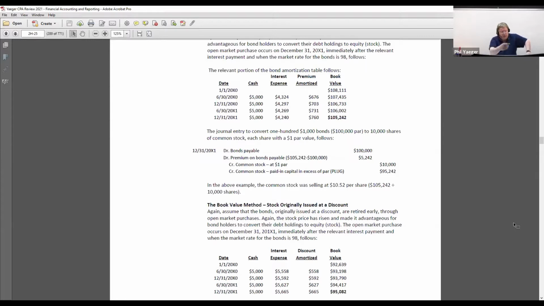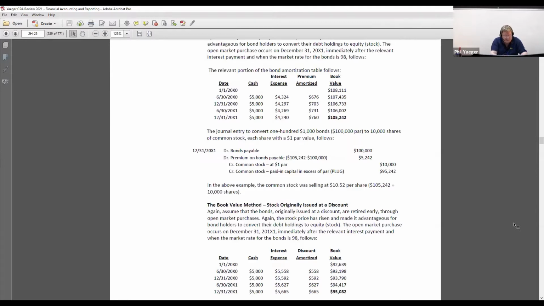Now, what are the bond balances at 12/31/X1? How much is the bonds payable? 100,000, right? And the carrying value is 105,242. So therefore, there's an unamortized premium of 5,242.